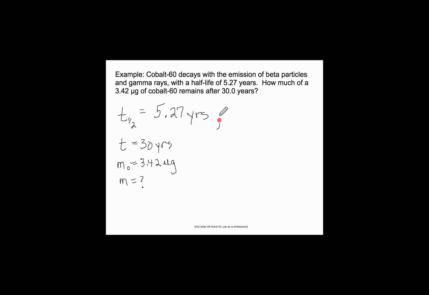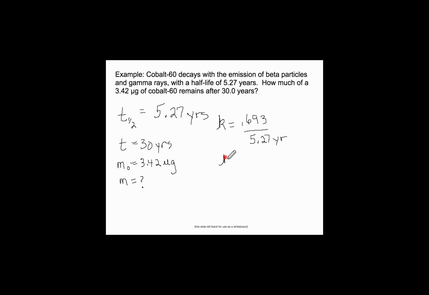The rate constant equals 0.693 divided by the half-life, and in this case the half-life was 5.27 years.